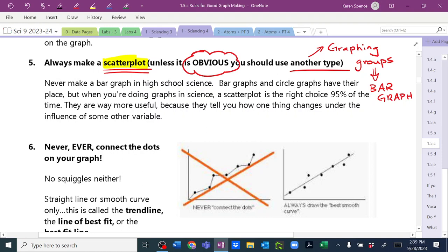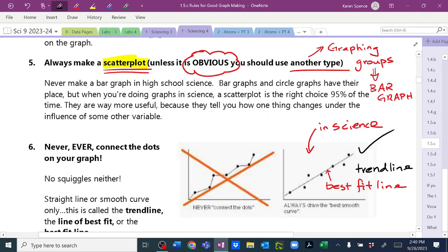But again, in science, we want to see this line. What's that line called? That's the best fit line. It's also called the trend line or the line of best fit. So in science, this is what we want.